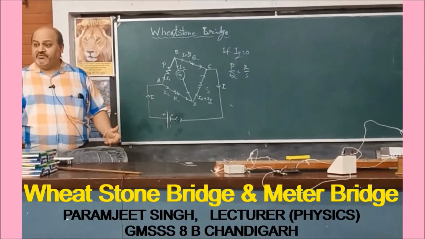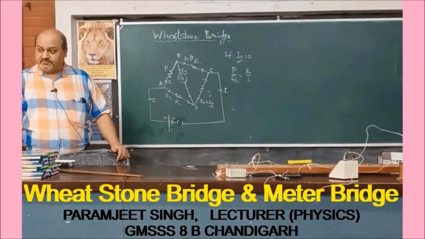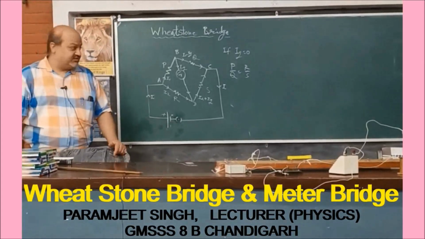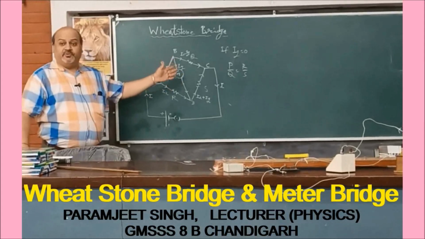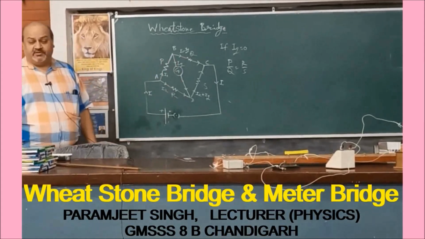That is P over Q equal to R over S. We can conclude like this. This is the Wheatstone principle.